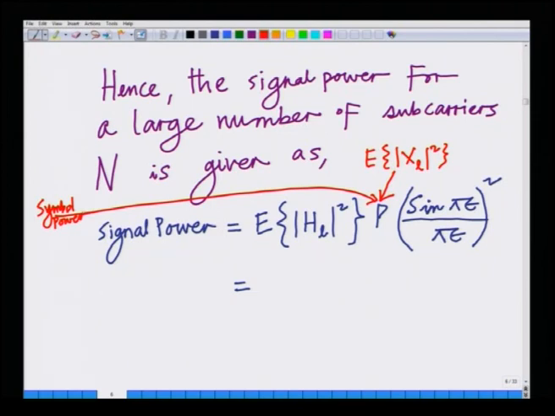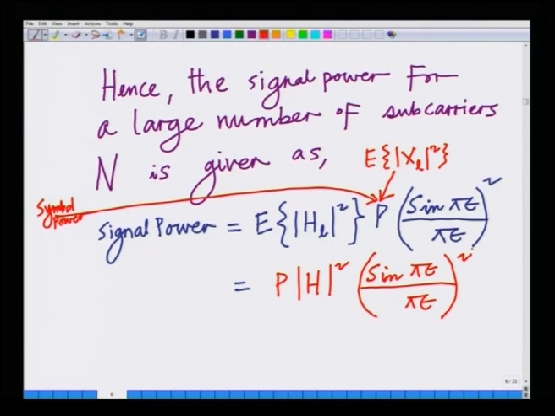Hence, this is nothing but, and I am going to assume that expected |H_l|^2 is the same across all subcarriers, since this is P |h|^2, where |h|^2 is nothing but expected |H_l|^2, that is the average gain across the subcarrier, times (sin(πε)/(πε))^2.